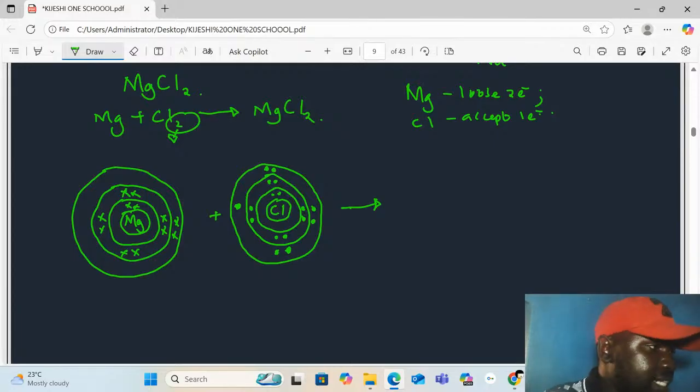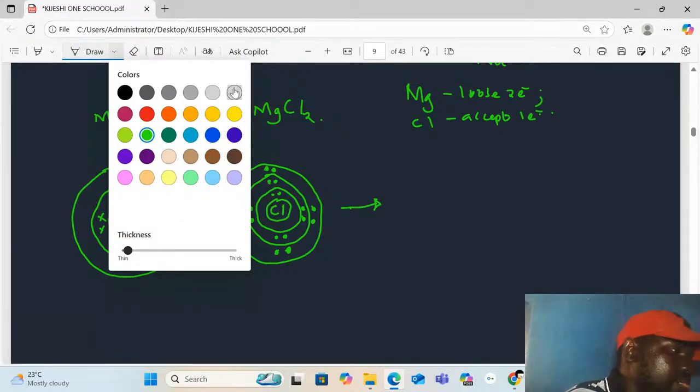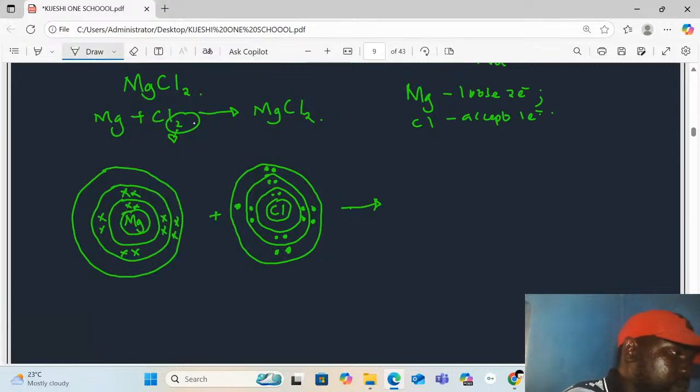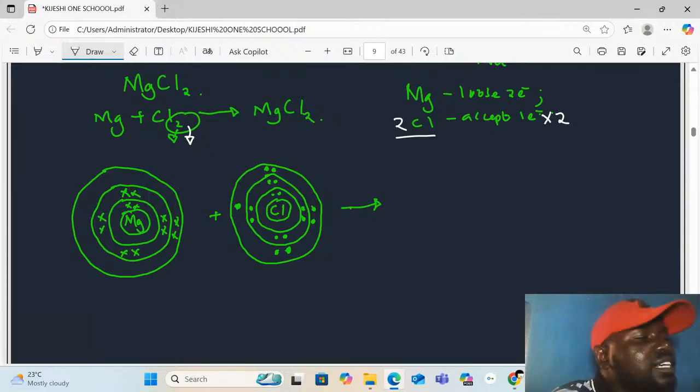That's why we said these two you can see here will be used in balancing, so that we make the chlorines 2, so they will be able to accept 2 electrons, each receiving 1. So now we place these 2 here because of the balancing like that.